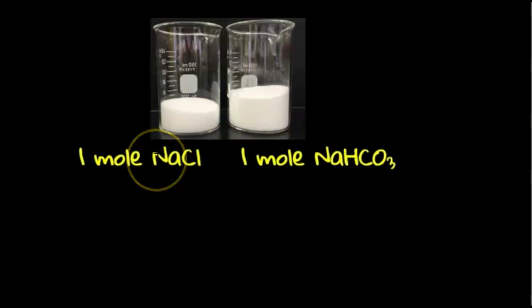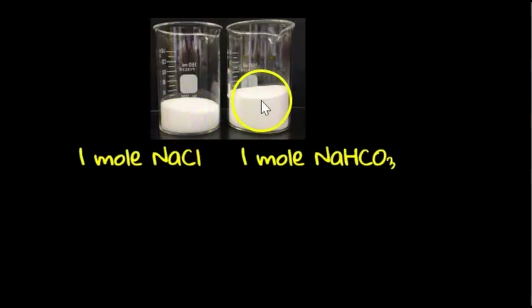You're dealing with formula units, but we'll just pretend that these are molecules here rather than formula units, so we don't get into that. But a mole of sodium chloride is about 58 grams, and this is its volume. This is how much it weighs. But a mole of this compound here, this is sodium bicarb, which is just baking soda, is a lot more. It's about 84 grams.